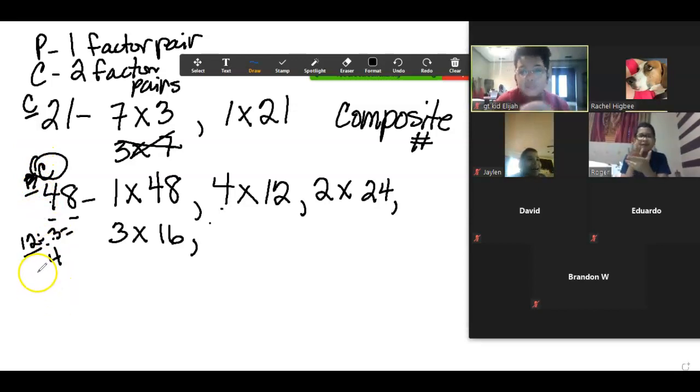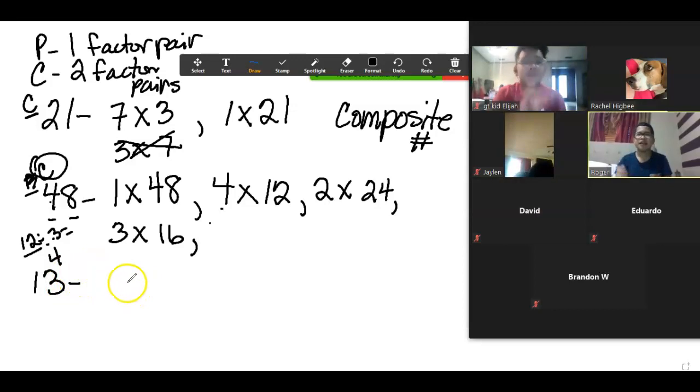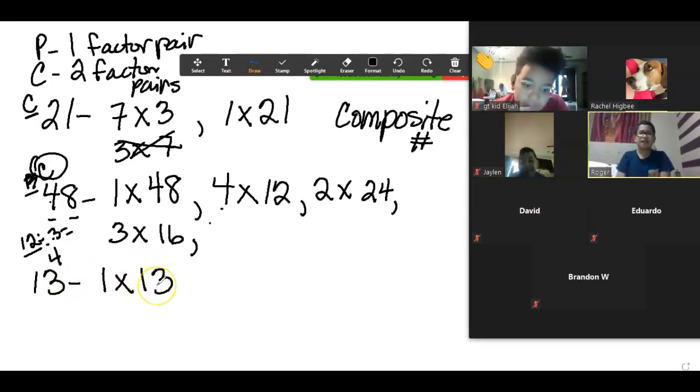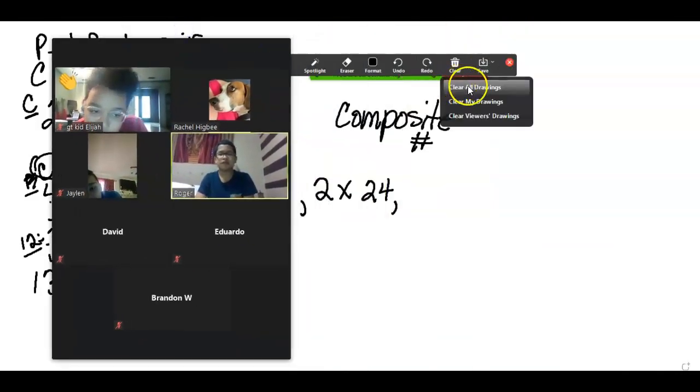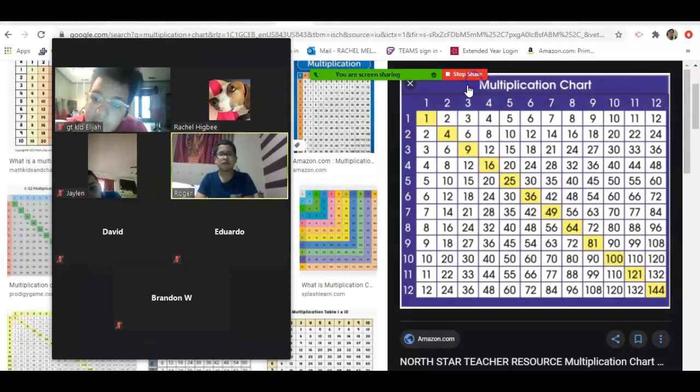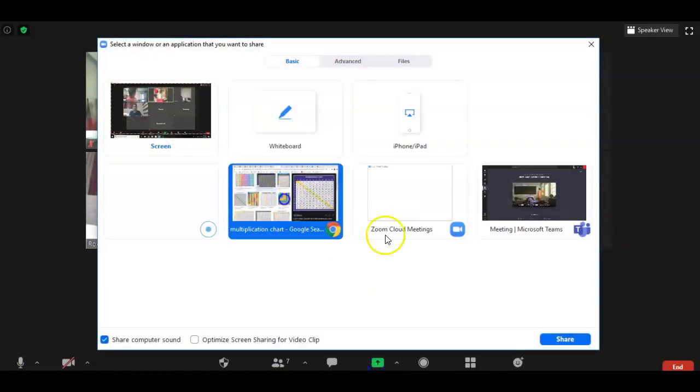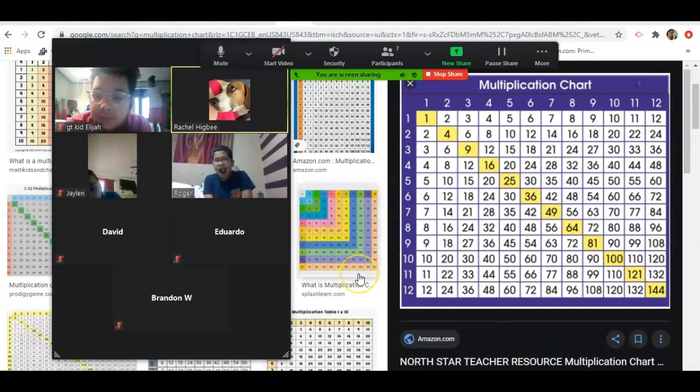All right, let's do another one. 13. Okay. I know that 13 is one factor pair of 1 times 13. So now let me stop share this again. Okay. Now we're looking for 13.